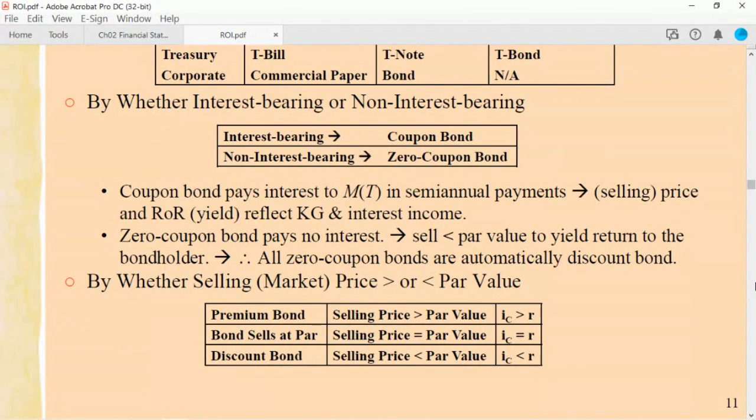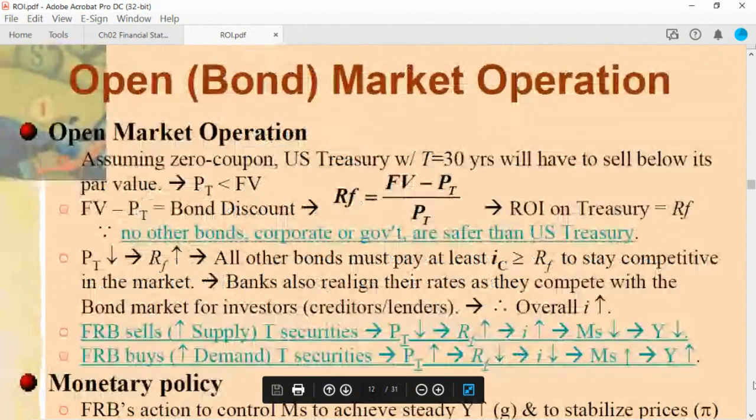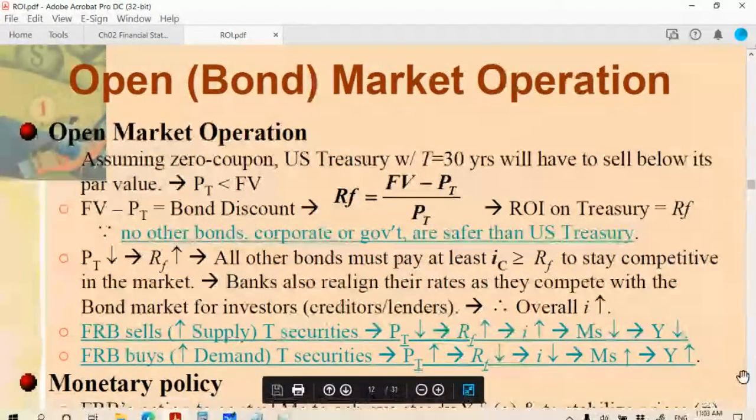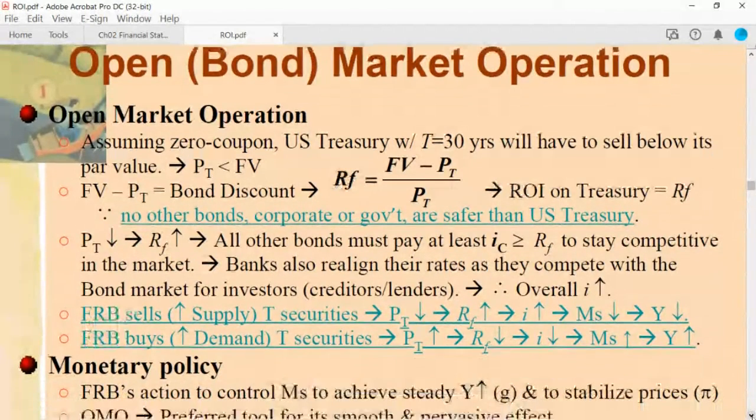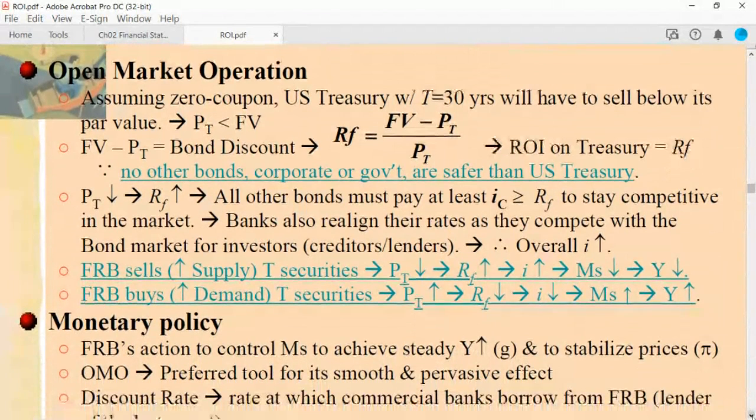But as far as the institutional side of the bond, we have pretty much covered it. So let's go into the open market operation.